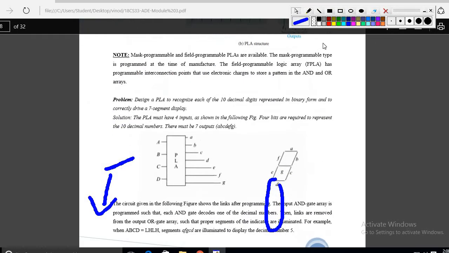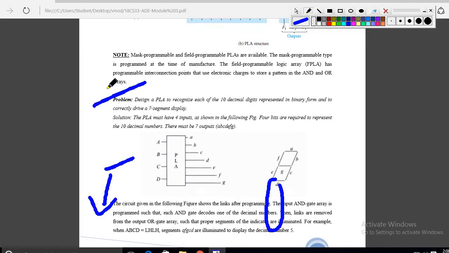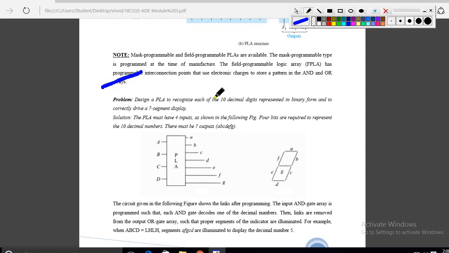So next, this problem: design a PLA to recognize each of the 10 decimal digits represented in binary form and to correctly drive a 7-segment display. So what is it asking?